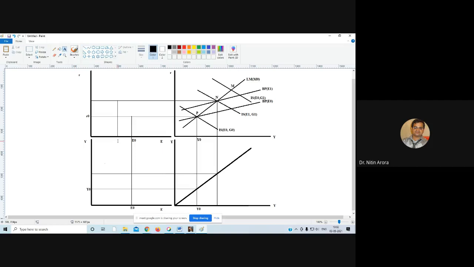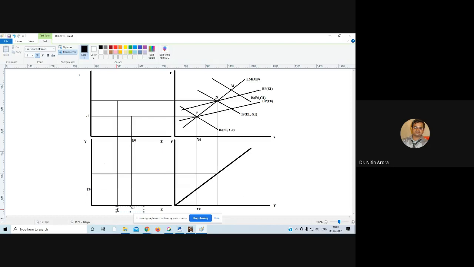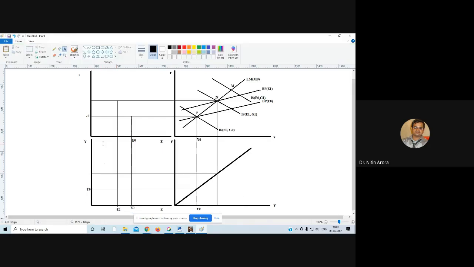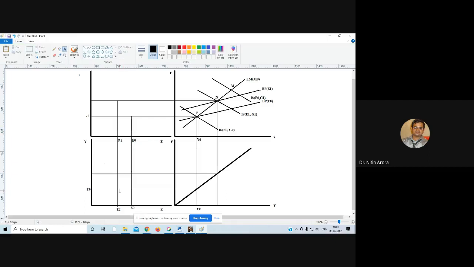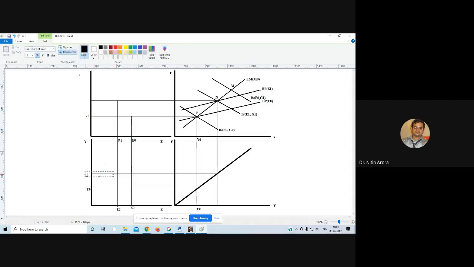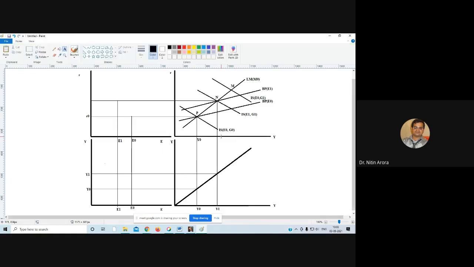Let it be E1. This E1 will also go here. Y1 is the level of income that is obviously higher than Y naught. Okay.